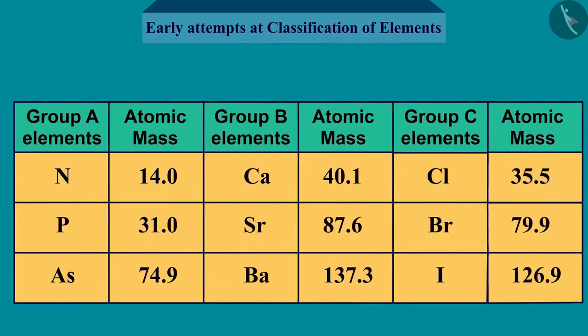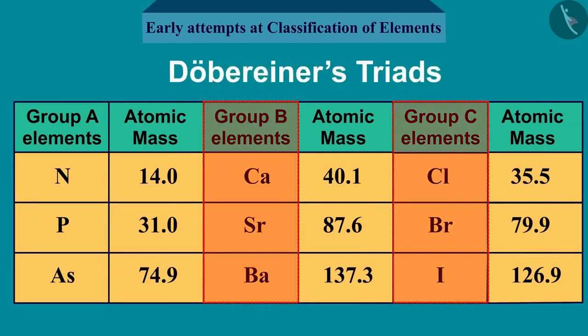You will find that groups B and C form Dobereiner triads. Now, let's discuss why it was not accepted widely. Dobereiner could identify only 3 triads from the elements known at that time. Hence, this system of classification into triads was not found to be useful.